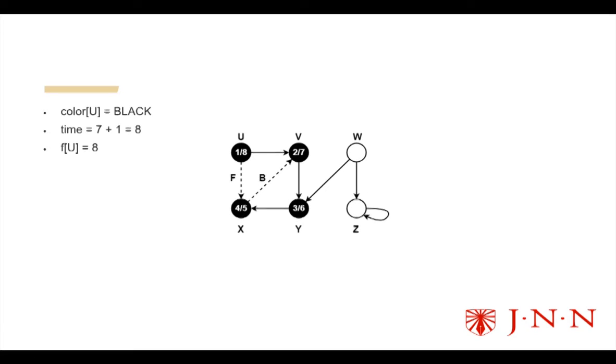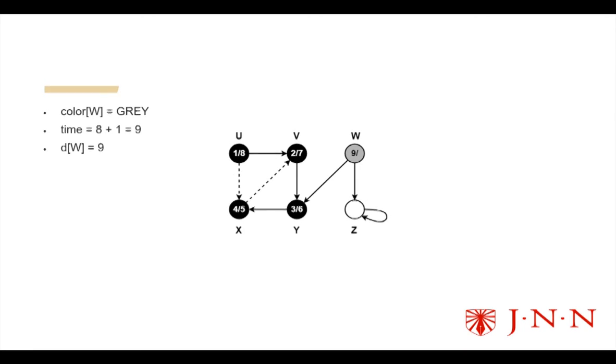So now u is also going to be turned into black because it does not visit any new nodes. So finally it has been turned black, and the time unit is incremented by 1. So that is the final time unit of vertex u. Now it is equal to 8.